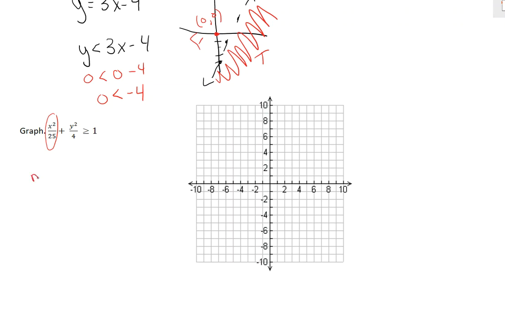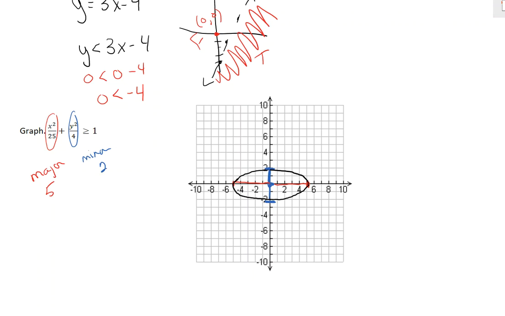So the major axis is going to have a total of 10, and that's because it will be 5 units on each side. And then the minor will have a total length of 4 because, again, 2 on each side. The center will be at 0, 0. So let's go ahead and graph that ellipse. You can pause the video and graph it.